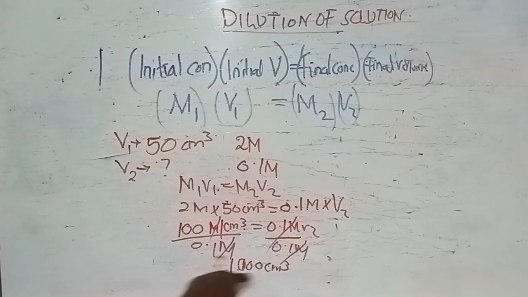When you work it out, you're going to get 1,000, so your V2 is going to be 1,000 centimeters cubic. This is our final volume. So that is how you work questions under dilution of solution.